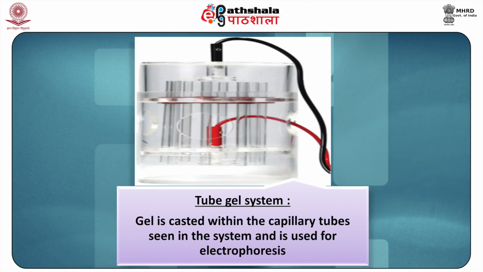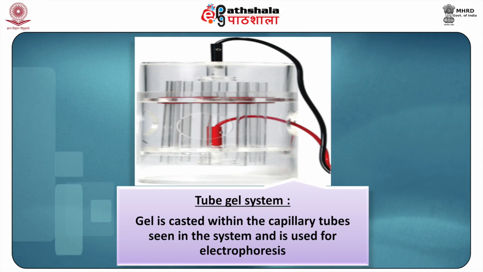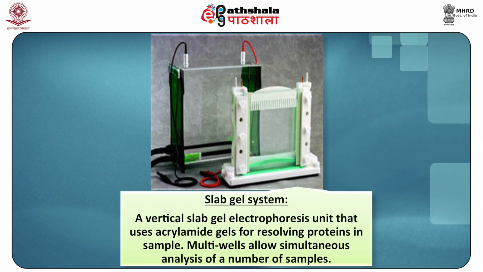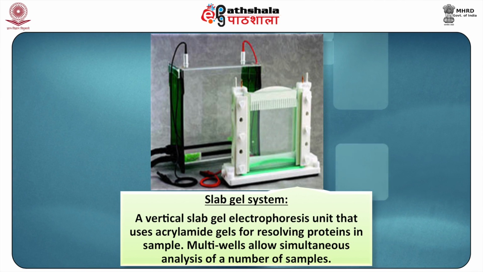The polymerizing material used for isoelectric focusing can be either acrylamide at low concentration or agarose depending upon the downstream application.